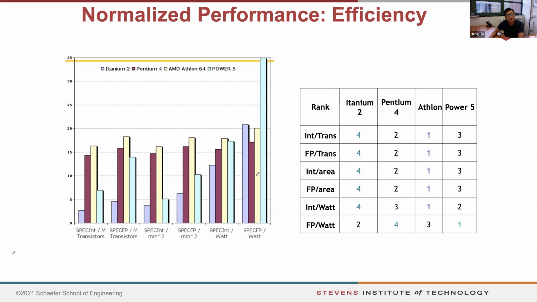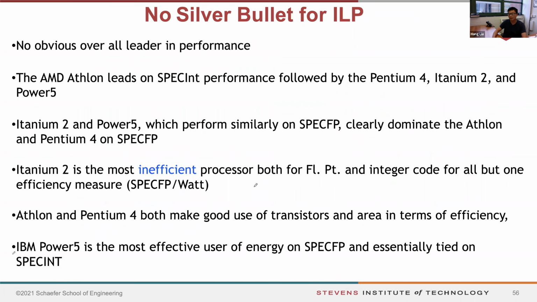Well, for power consumption, PowerPC is better, right? So they have different efficiencies. So the obvious takeaway is that there's no obvious overall leader in the performance of both integer and floating point, and also efficiency, right?